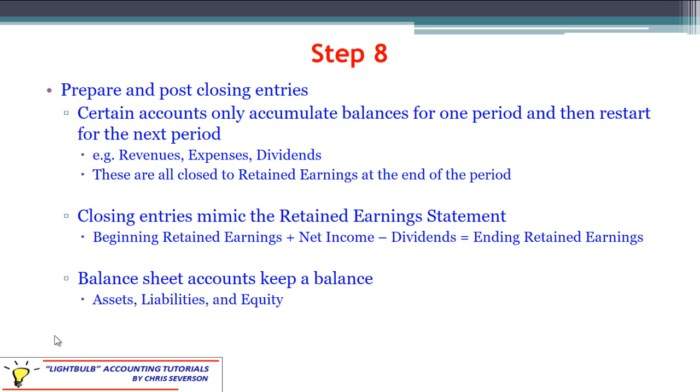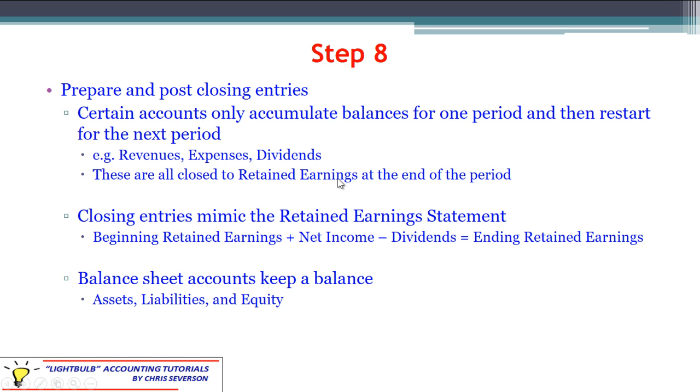Now that the closing entries, we're adding our revenues to the retained earnings, subtracting our expenses, subtracting our dividends. That really mimics what's on the retained earnings statement itself. Beginning retained earnings plus net income, which is revenues minus expenses, minus dividends, gives us our ending retained earnings balance.